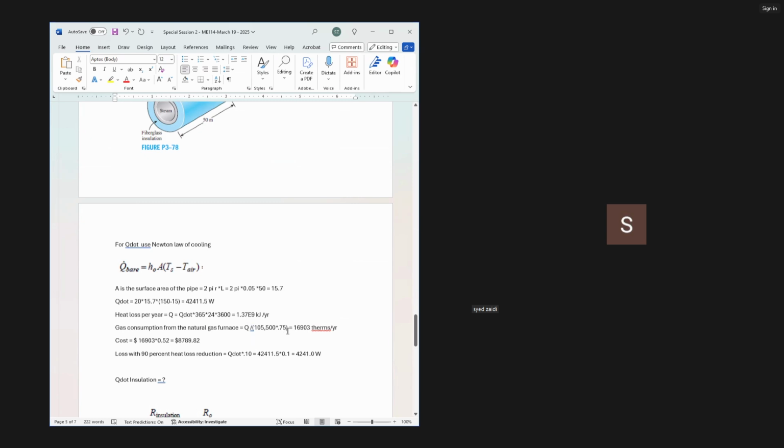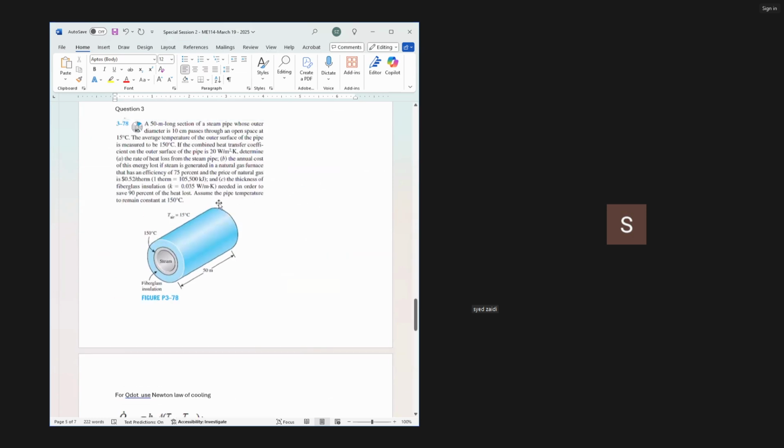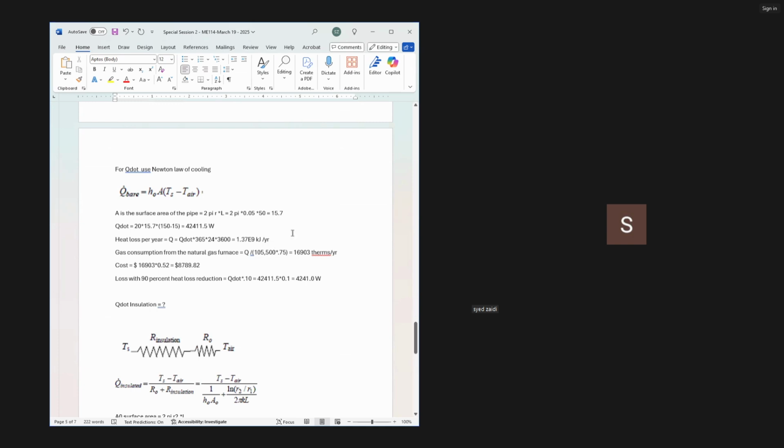It's on the bottom because we need more gas consumption to make up for that reduction in efficiency. So 0.75 is divided, not multiplied, because we are looking at the gas consumption rather than the efficiency. Since it's a furnace efficiency, it needs more gas basically, and that's why we got it here by dividing.